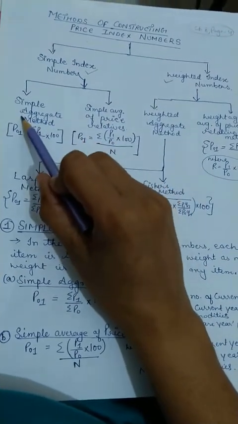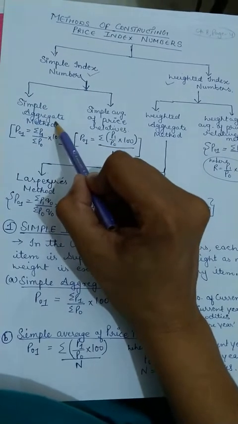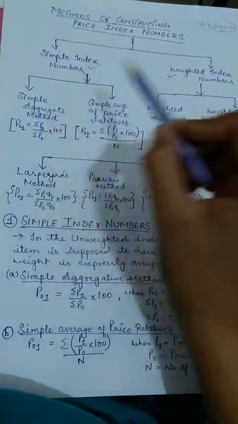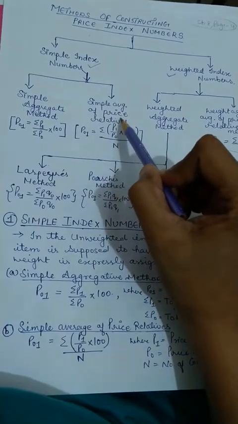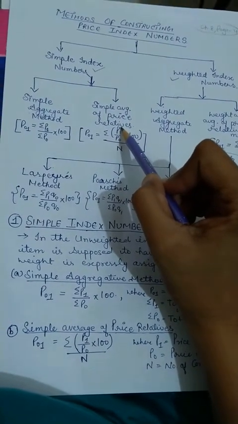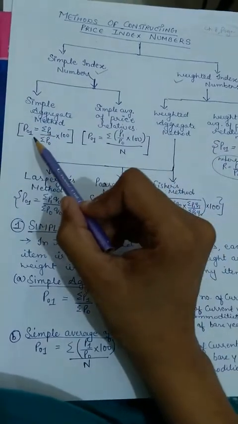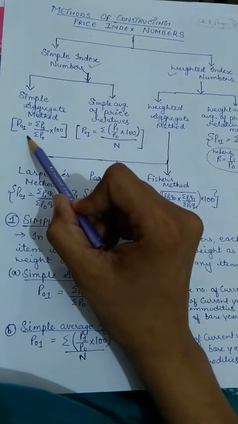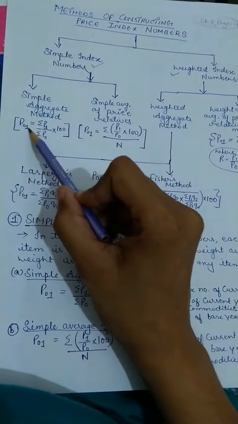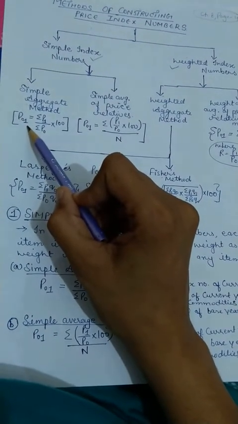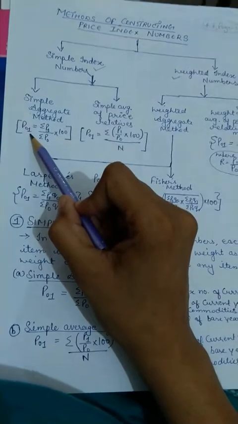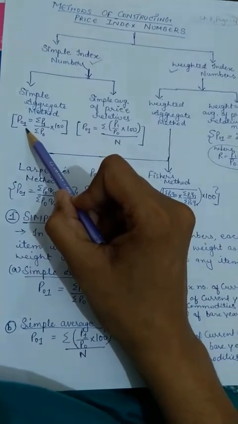First part is called simple aggregate method. Second part is called simple average of price relative method. The formula to calculate simple aggregate method is P01. Here P01 is the symbol for price index.